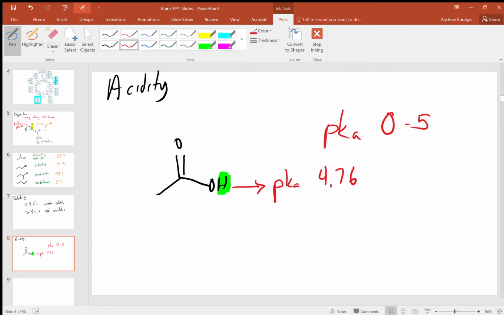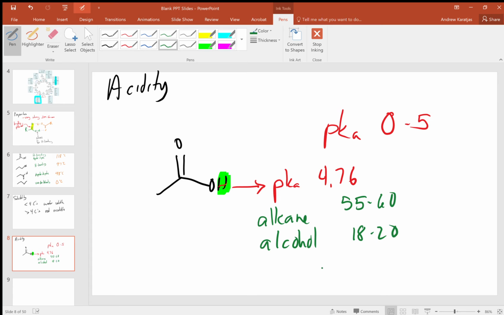Now, just to put that in some perspective, an alkane has a pKa of 55 to 60, an alcohol maybe 18 to 20, and that's one of the more acidic functional groups that we have out there.